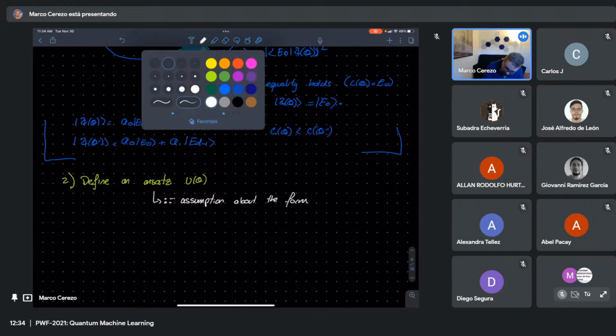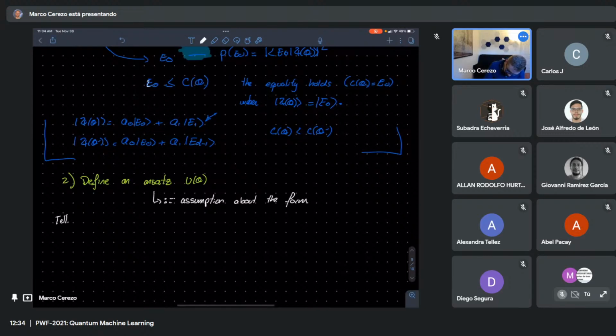So in our special case, defining an ansatz means setting what are the gates in U of theta and how they are placed. So we need to literally say who U of theta is.